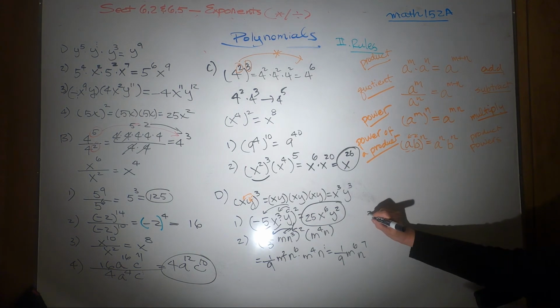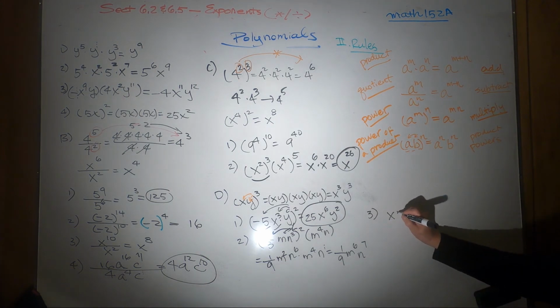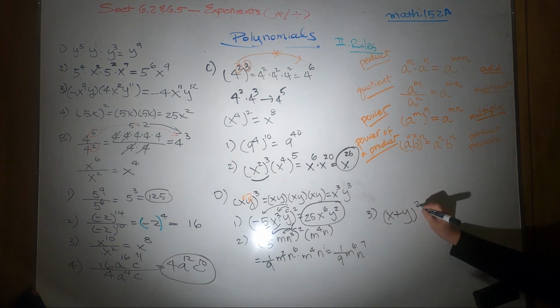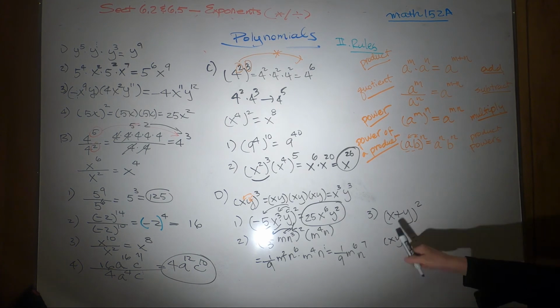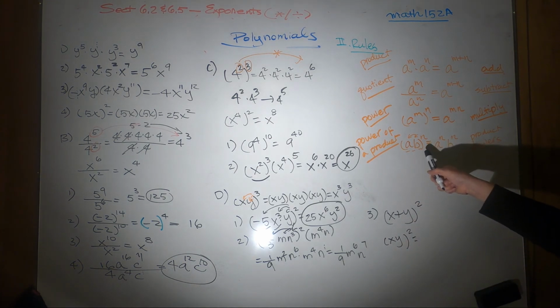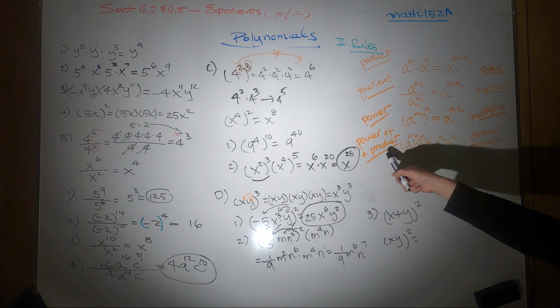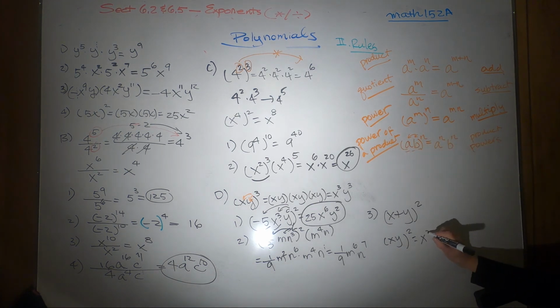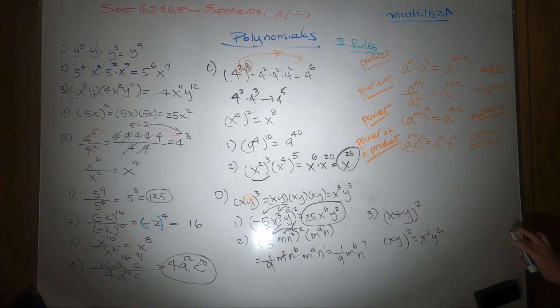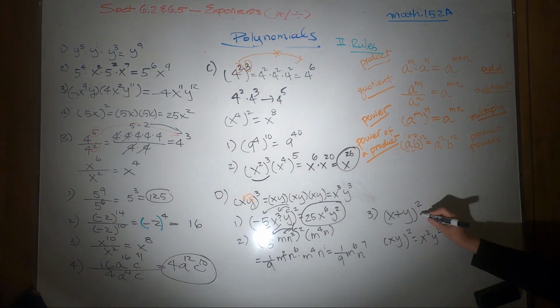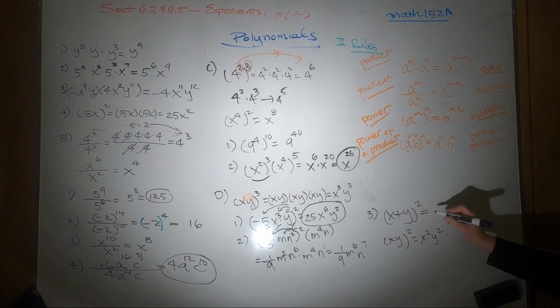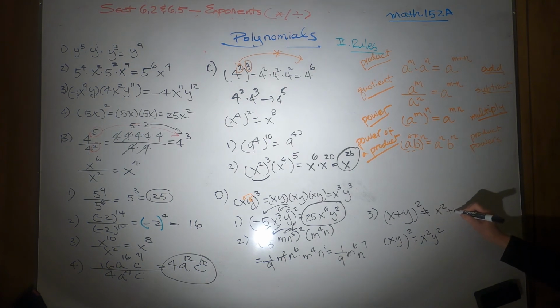Then we take a look at this one. (x plus y) squared. Okay, we know (xy) squared: if bases are multiplied together, a product, then you can distribute because you are multiplying them out, then you squeeze them together and write in shorthand writing. This one, okay, it's not x squared plus y squared.